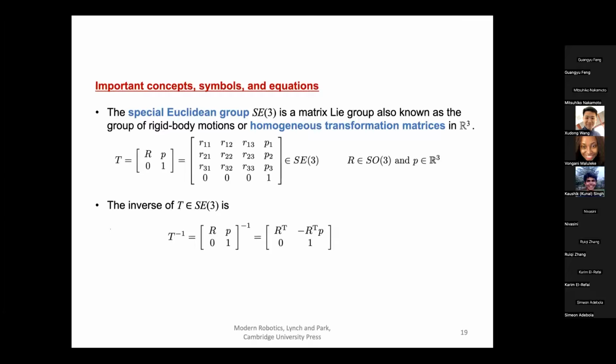Now I can multiply that 4x4 matrix that we have in the slide times this vector x1, x2, x3, 1. Okay, do the algebra, and you will find that this will essentially turn out to be equivalent to the rotational matrix R applied to x1, x2, x3, plus the translation vector P1, P2, P3. So this 4x4 matrix is an honest to God representation of a rotation followed by translation.